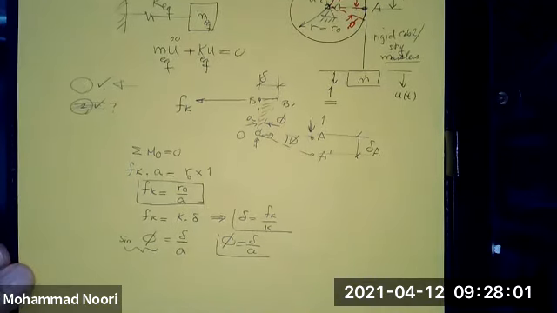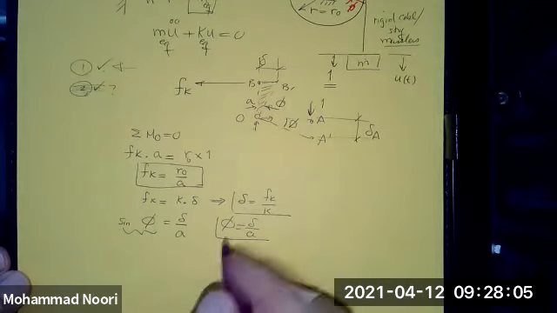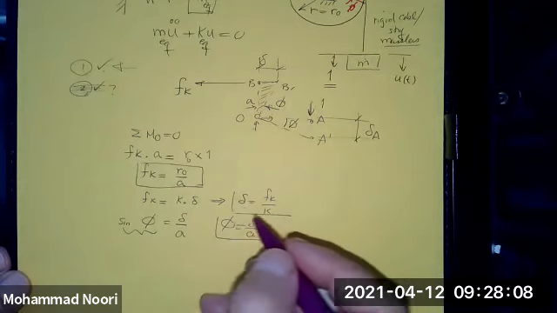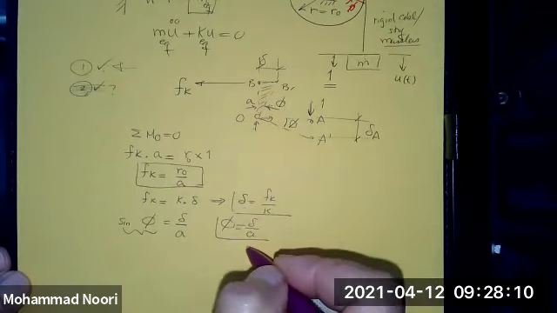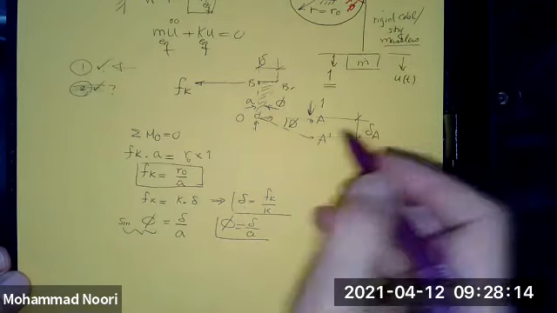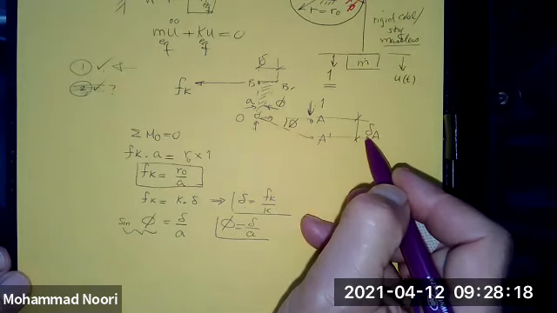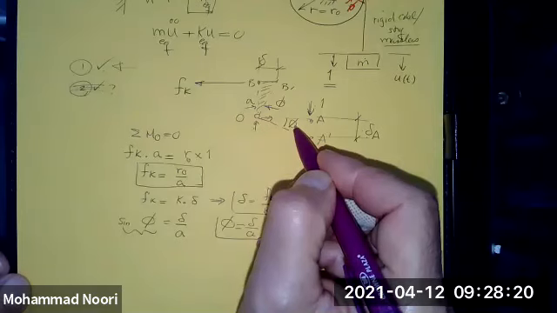So if this is delta over a, I would now substitute this in delta A. But what is the relationship of delta A and phi?